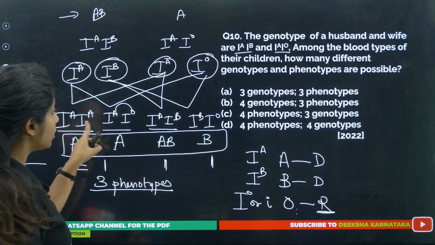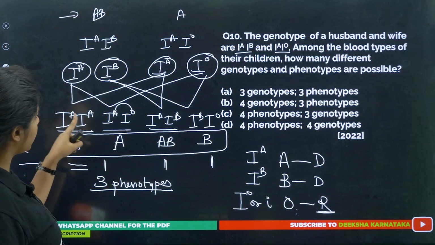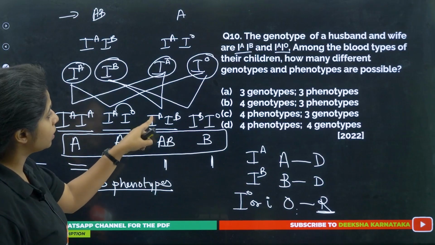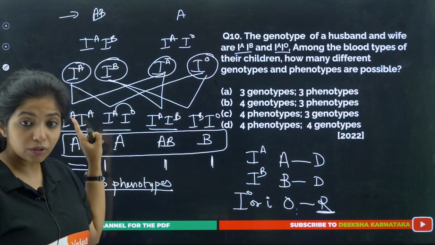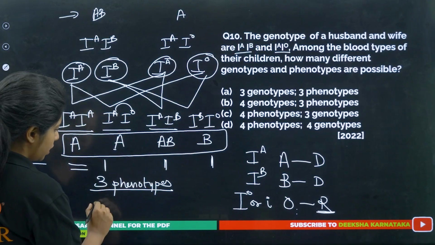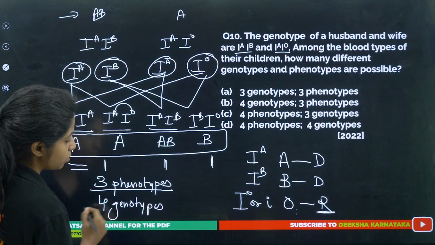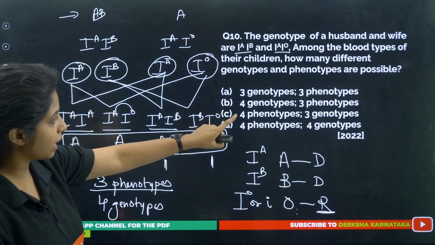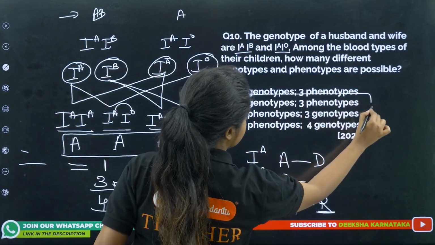So if you're asked what the possible genotypes are, one type is AA, then there is AO, then AB, then BO. None of them are the same, the genetic character is different in all of them. 1, 2, 3, 4. So how many genotypes can be seen? 4 genotypes and 3 phenotypes. You have this as the answer.